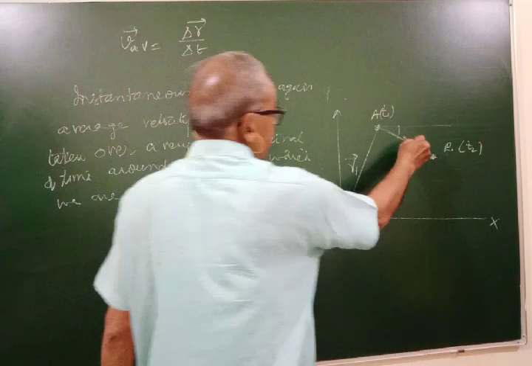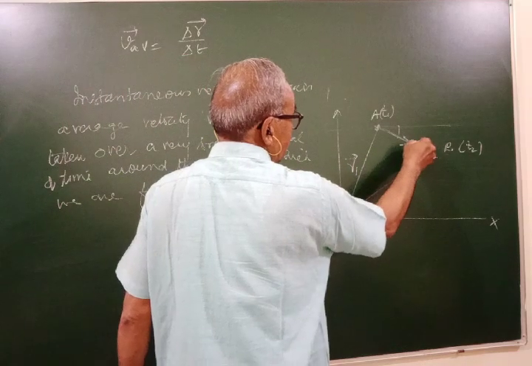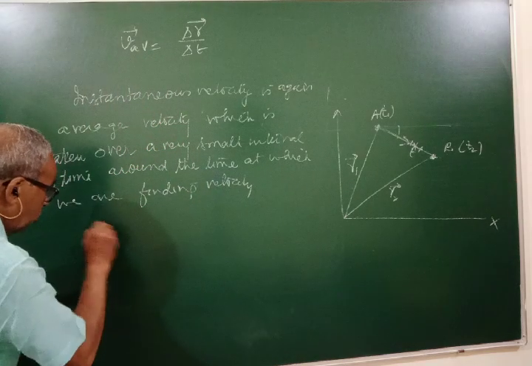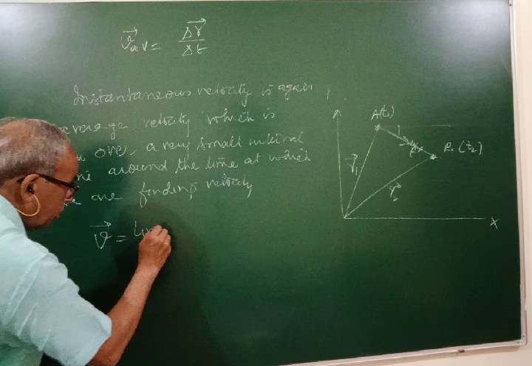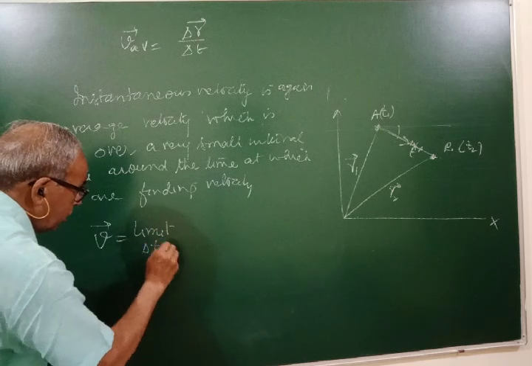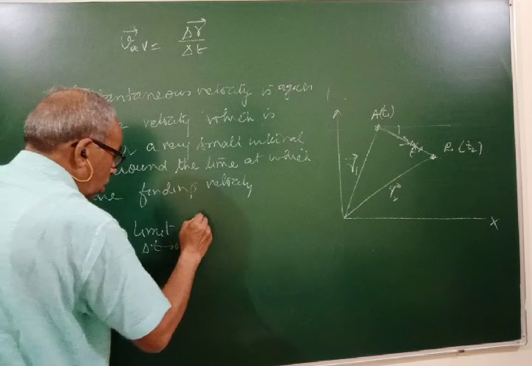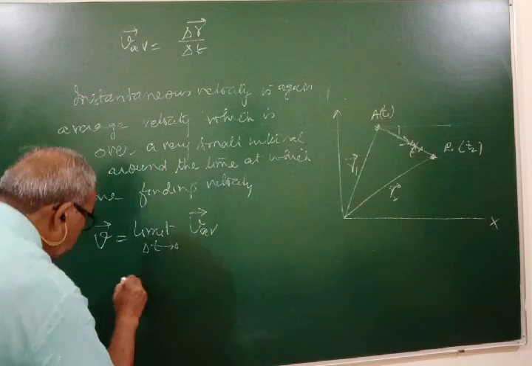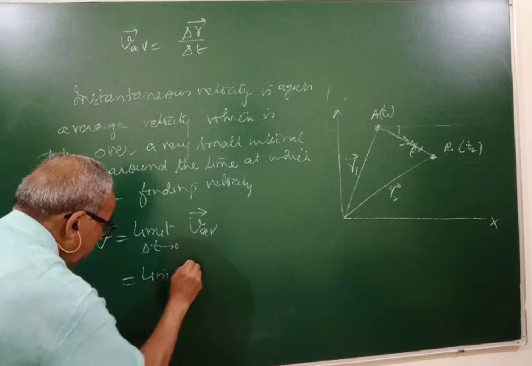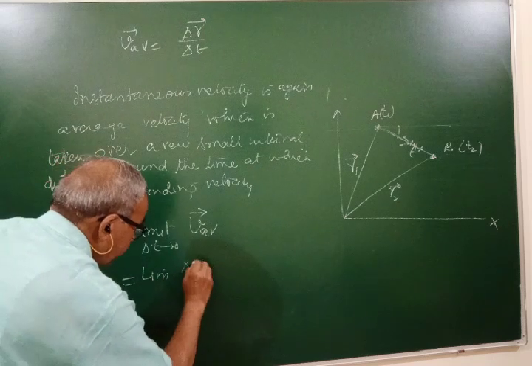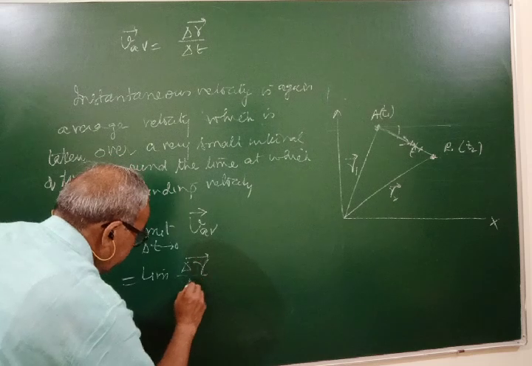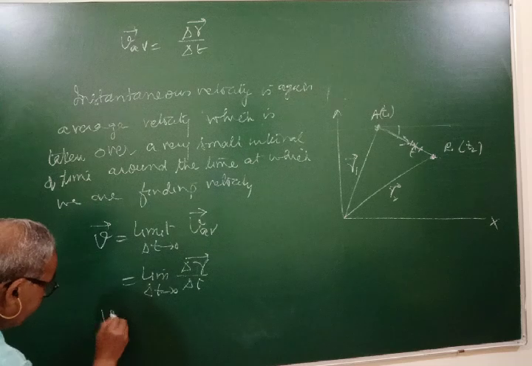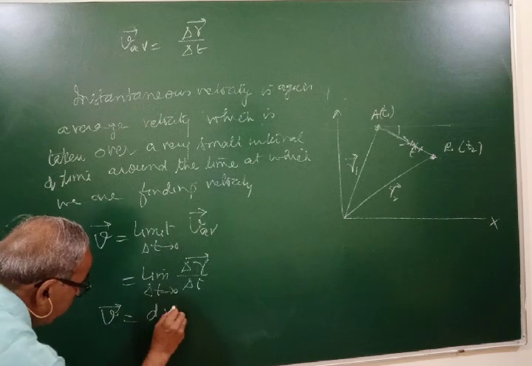Now, for example, here is time t. So you take a small interval around this time, and hence V is equal to limit delta t tending to 0 of V average, equal to limit delta R upon delta t, delta t tending to 0, and we write V as dr upon dt.